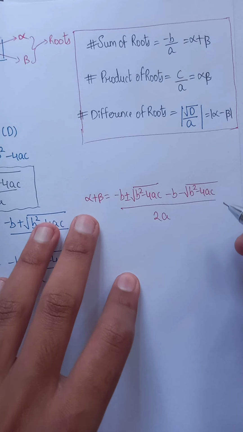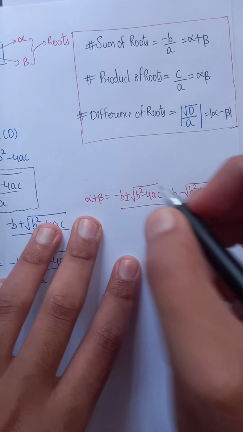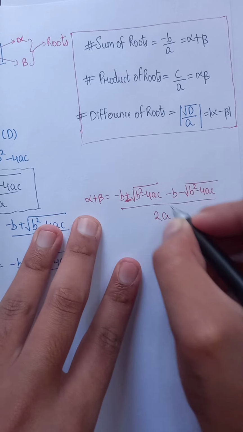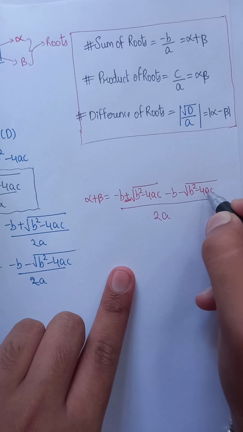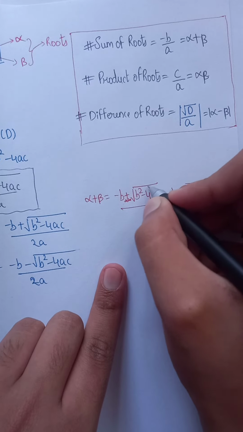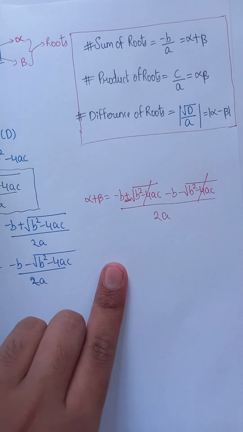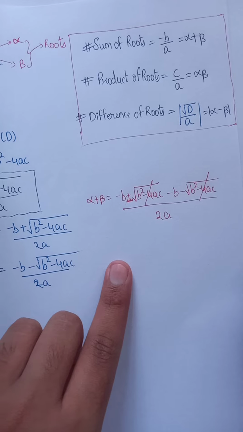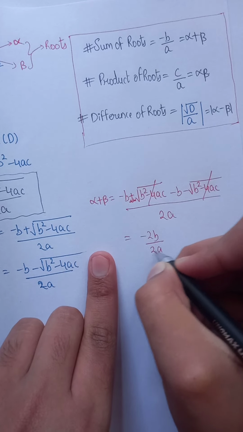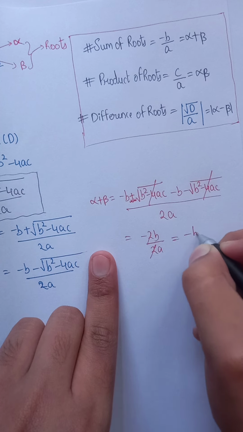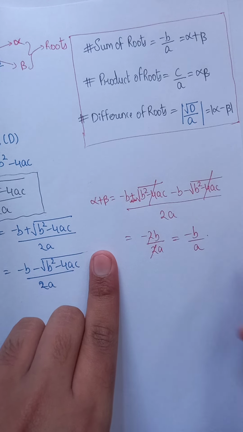We took the LCM. So minus b plus root of b square minus 4ac is the alpha value, and minus b minus root of b square minus 4ac is the beta value. So plus root of b square minus 4ac and minus root of b square minus 4ac get cancelled. So the answer is minus 2b upon 2a, where the 2 gets cancelled, which is nothing but minus b by a.